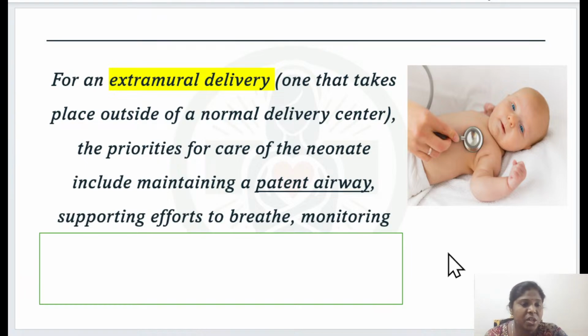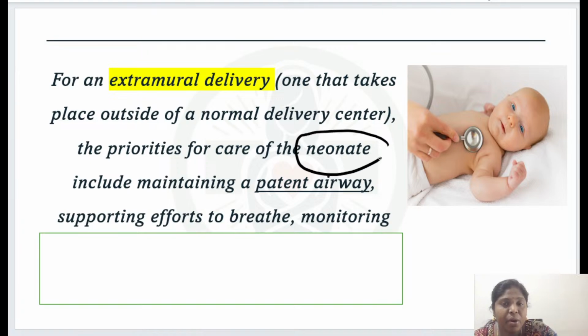Usually when we receive one patient, what are we going to monitor, the general VS. What is this VS? So as soon as you are receiving a baby, she has delivered outside and you are receiving the baby, what are we supposed to monitor for the baby?